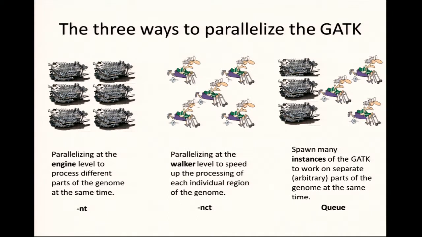The other type of parallelism is what I was explaining in the cluster way. So if you don't want to do a shared memory parallel system, you have a lot of computers out there, and you want to send all your data to all these nodes and get them back. Well, the GATK has this companion tool called Queue that does that for you. Queue takes care of all the management of splitting the data, scattering it through all the nodes, and running the GATK entirely from end to end.